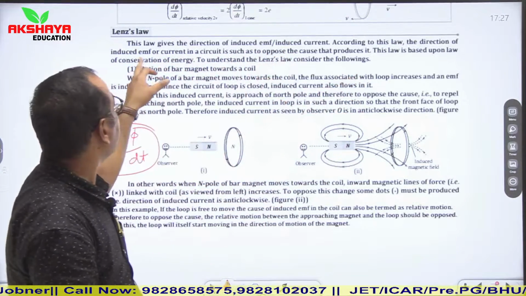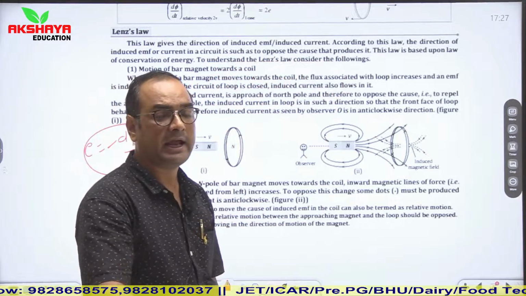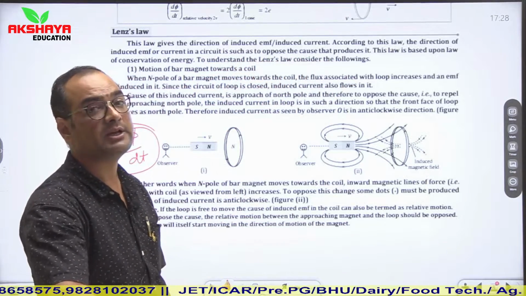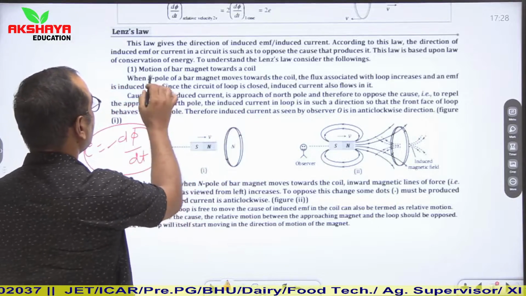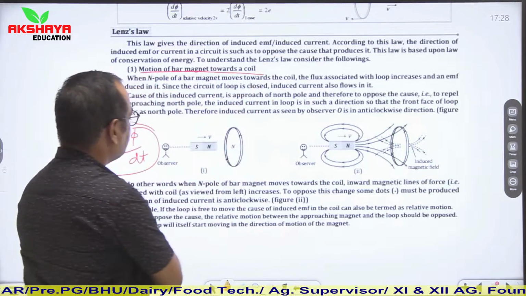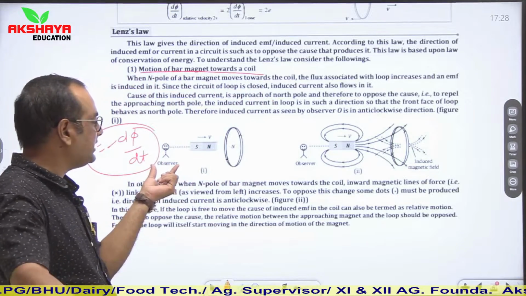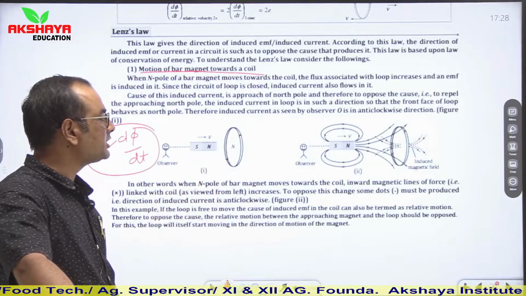So Lenz's law gives the direction of induced EMF. The direction of induced EMF or current in a circuit is such as to oppose the cause that produces it. It means it simply opposes the change in magnetic flux. Then, motion of a bar magnet towards a coil. So see here, let us say there is an observer, and this bar magnet is moving towards the coil.